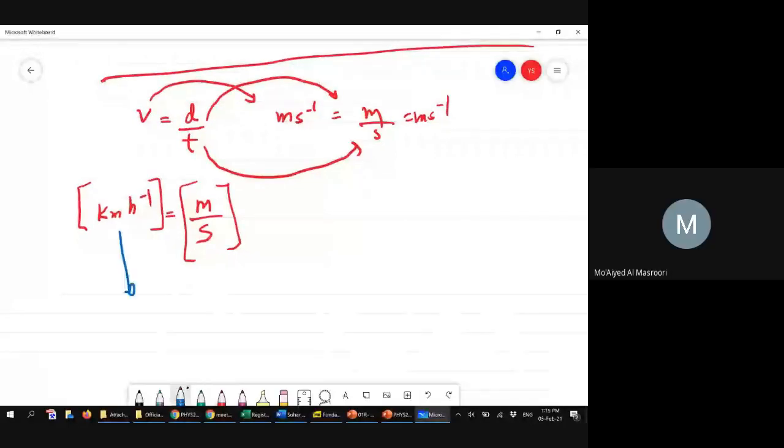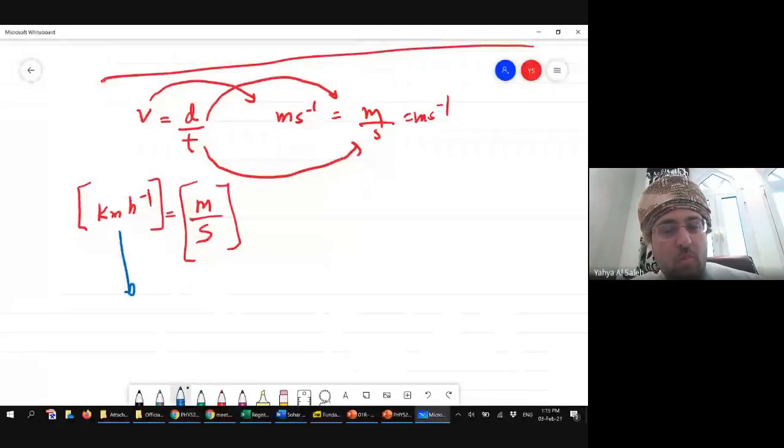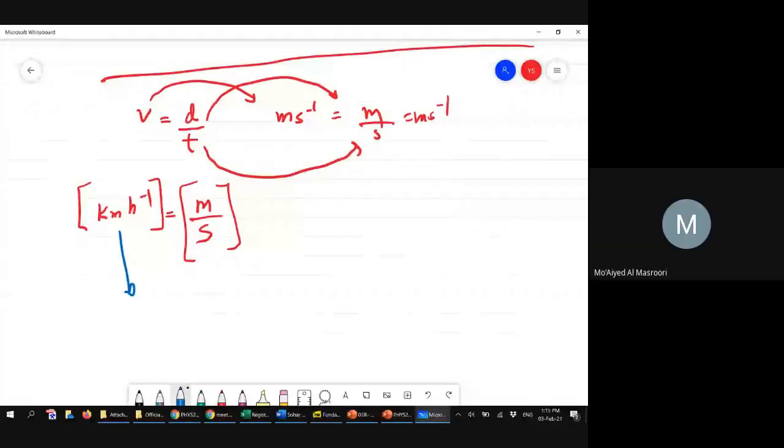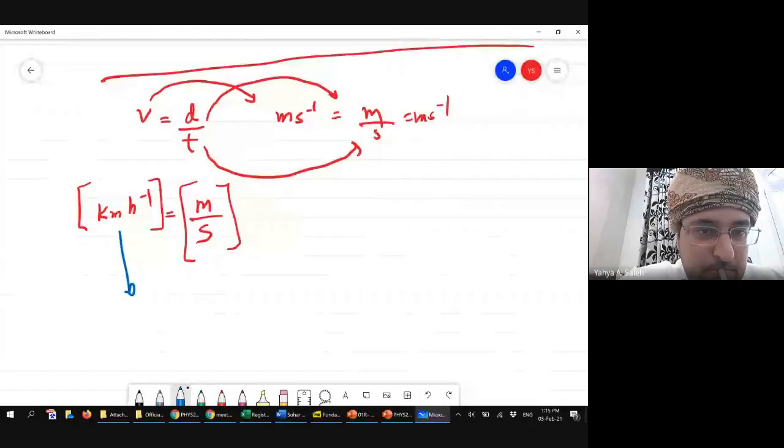Doctor, tell me. In the first question, you said that mass over volume is kilogram over meter cubed. So now it's d over t. Why? This is not volume.